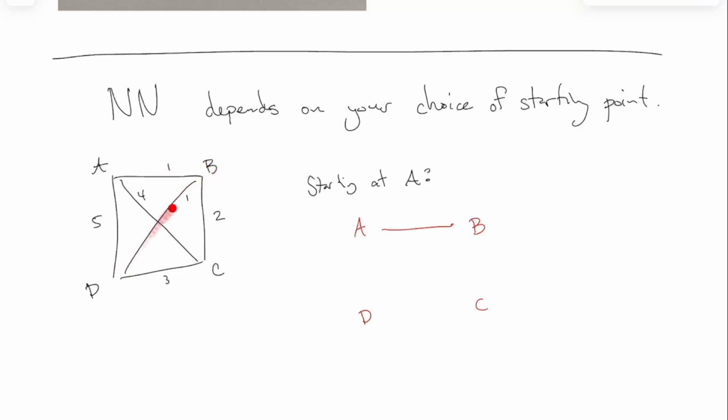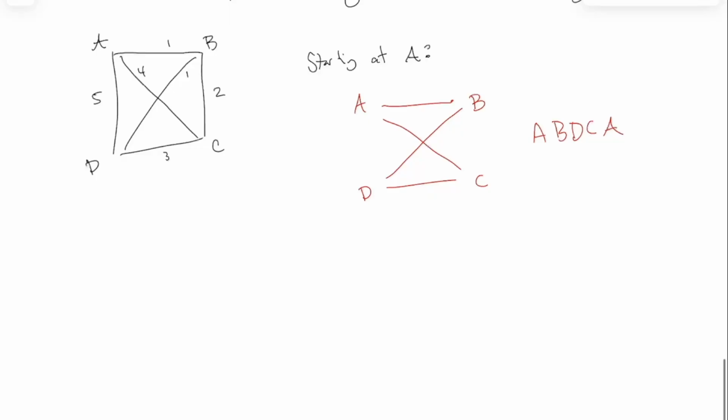Now I should do this 1. That again is the cheapest option from B. And then from D, now I have to go to C because I can't finish and make a subcircuit early. I have to go to C and then A, right? So here my answer was A, B, D, C, A, all right? Okay, so this is the answer that you get if you are starting at A. What if I started at B?